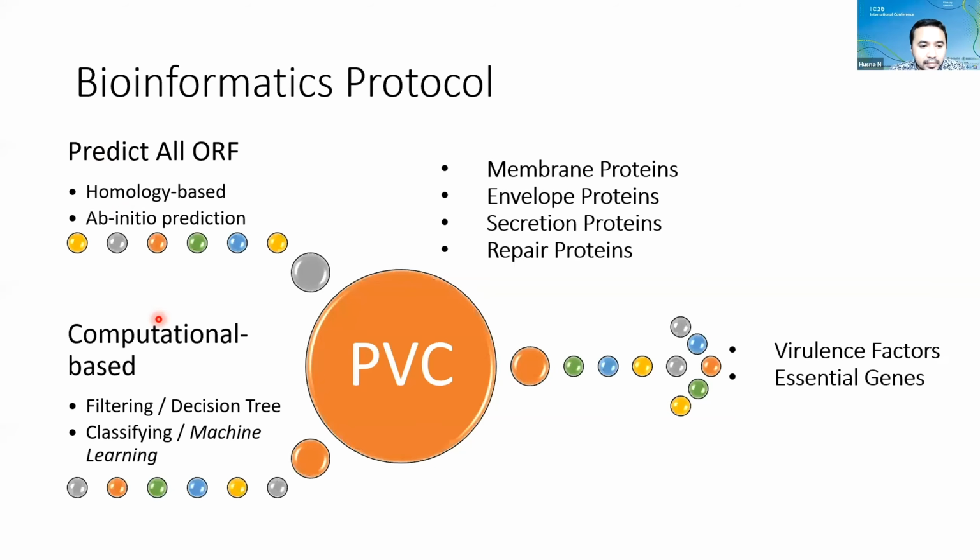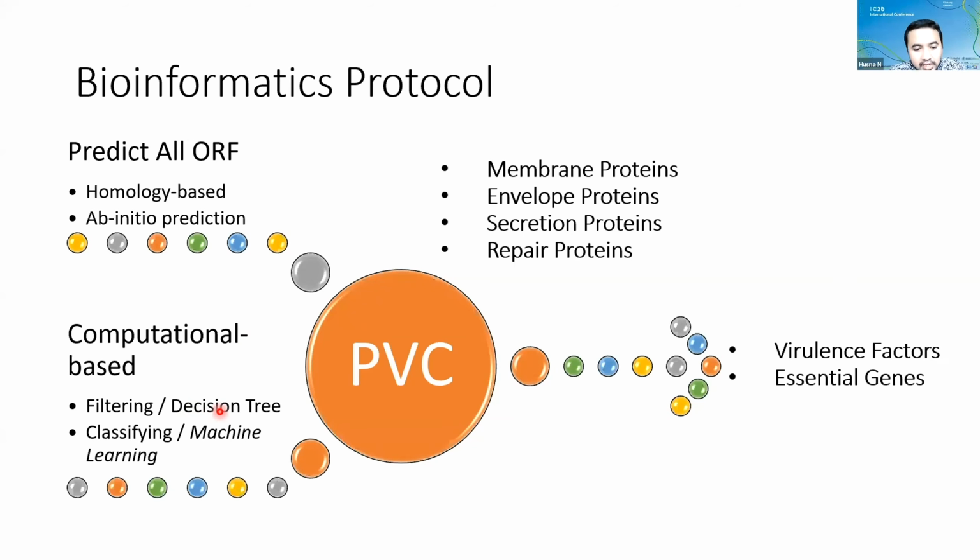Then we can combine the ORF prediction with other computational approaches, such as data mining. Here I mention the filtering approach, where we filter the data using a decision tree approach.